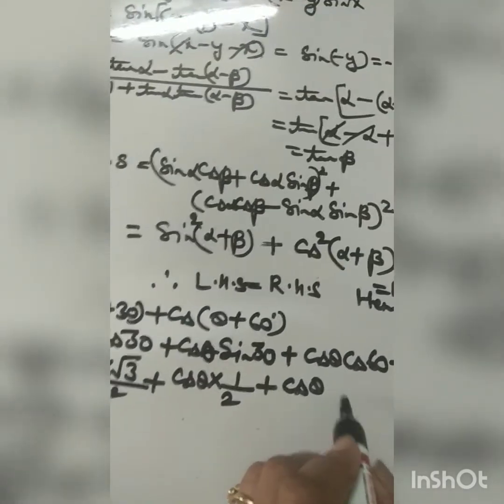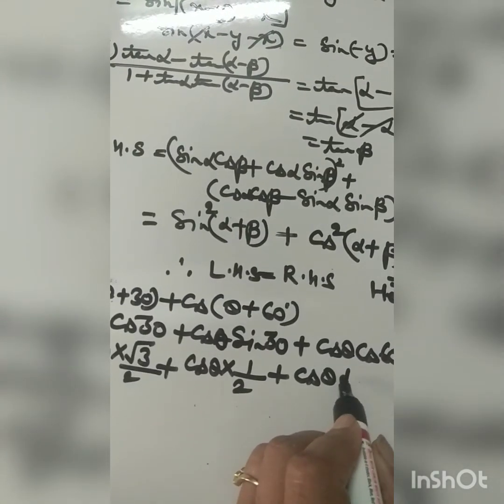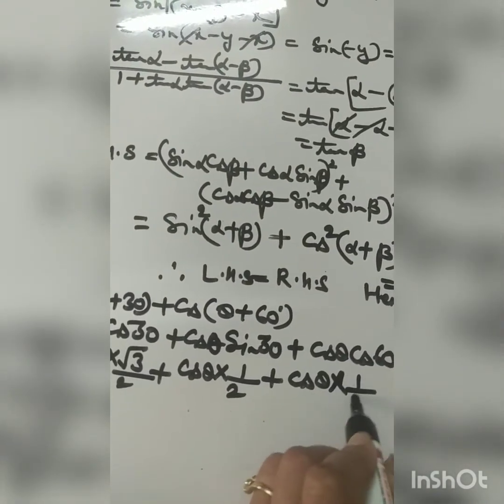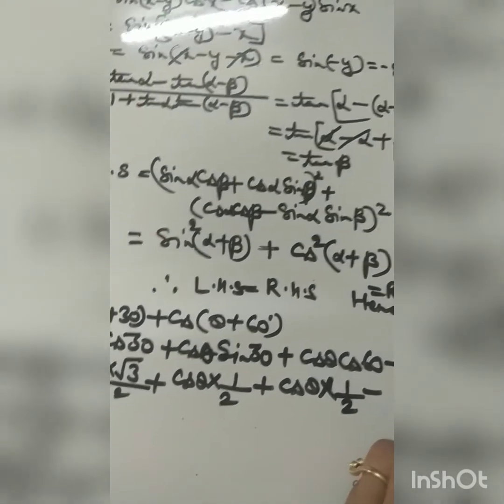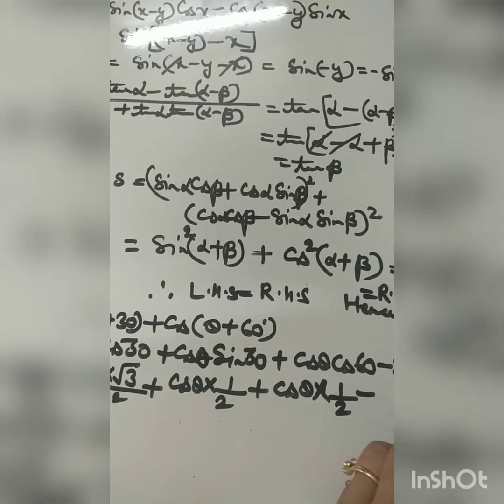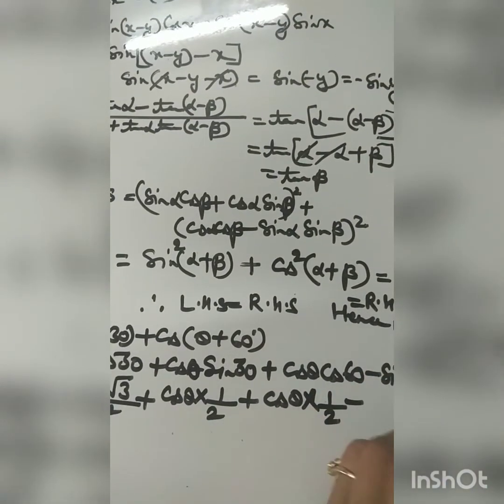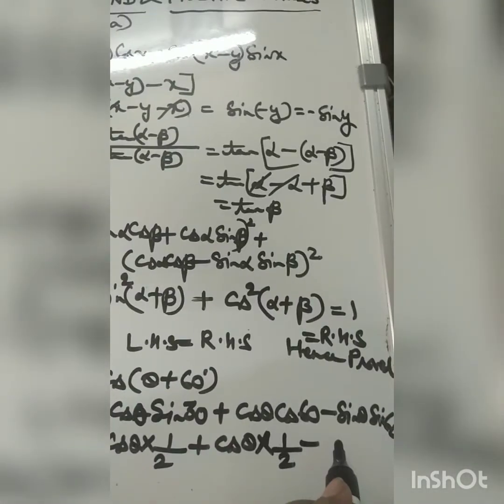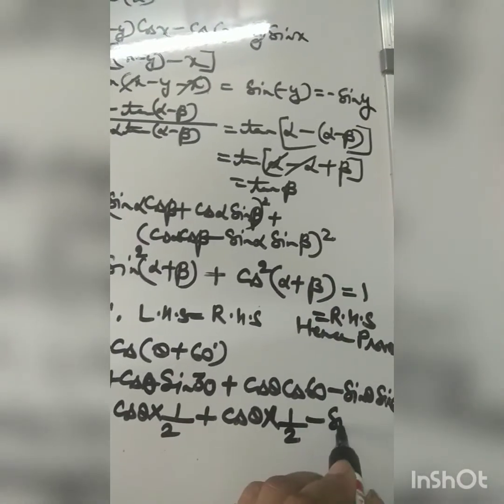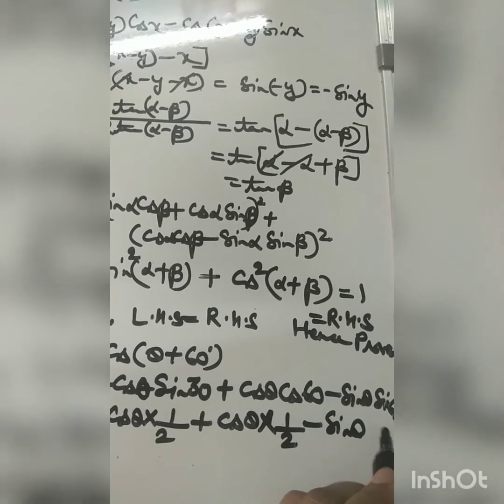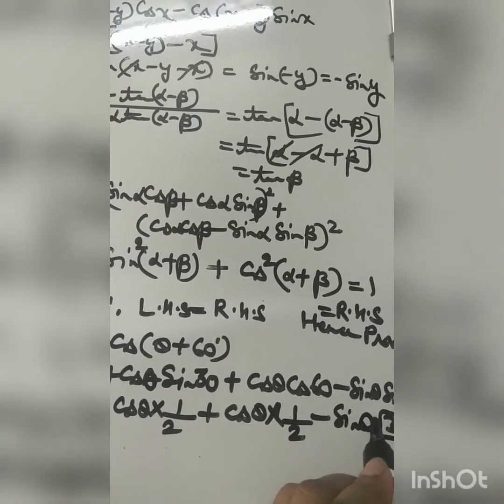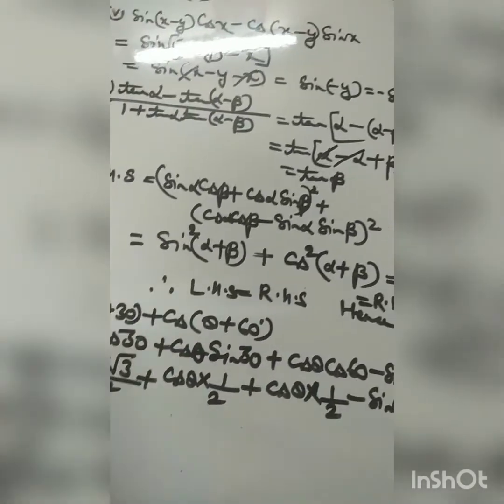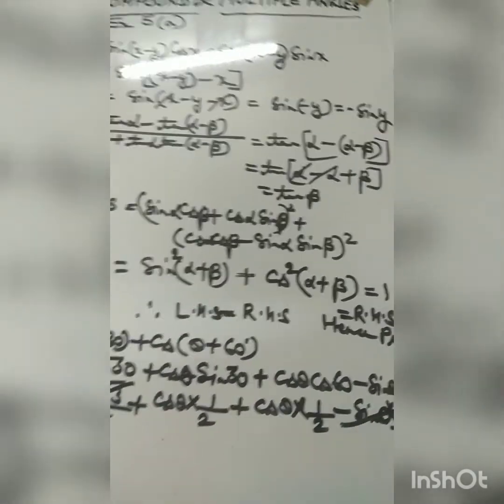Cos 60 is again half, minus sine theta as it is, and sine 60 is root 3 by 2. So this and this get cancelled.